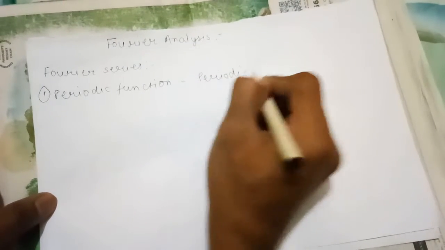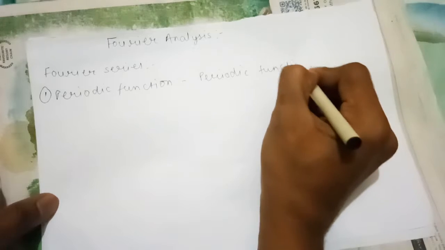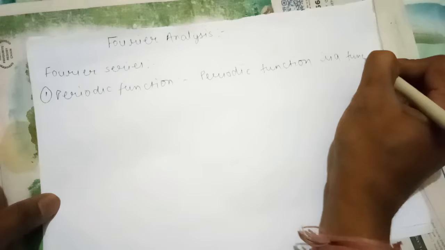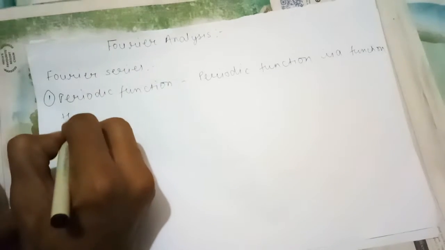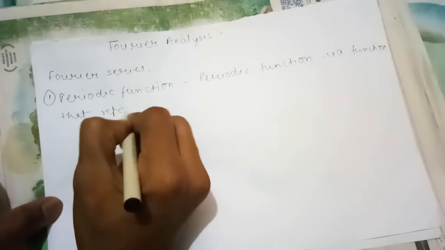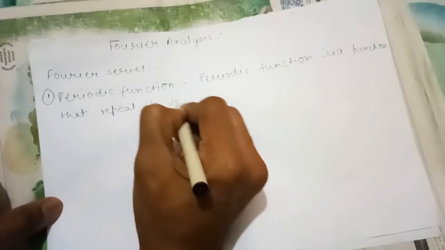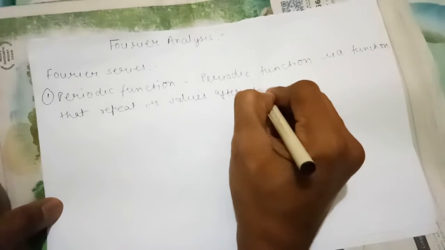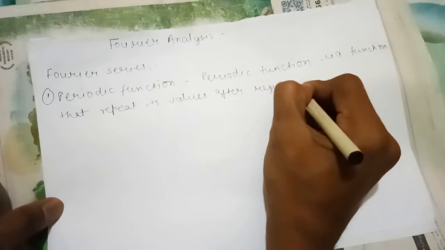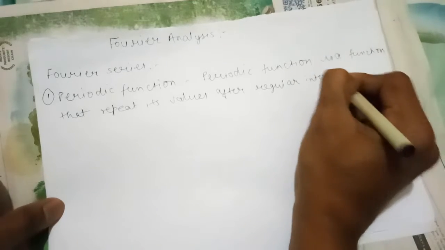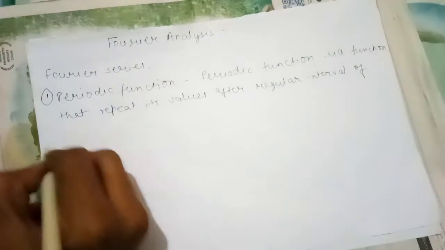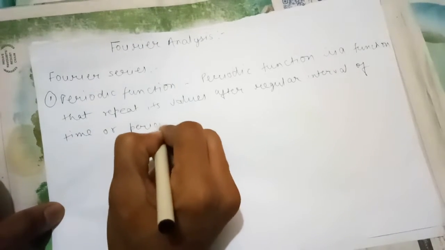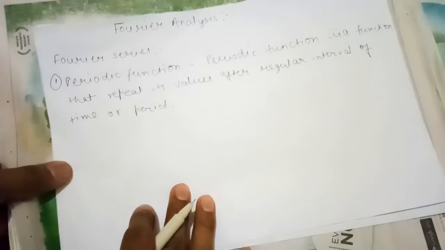A periodic function is a function that repeats its values after a regular interval of time or period.